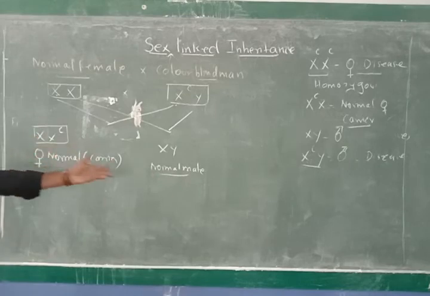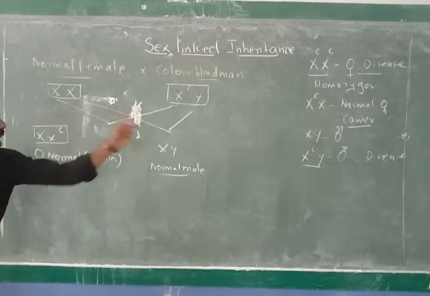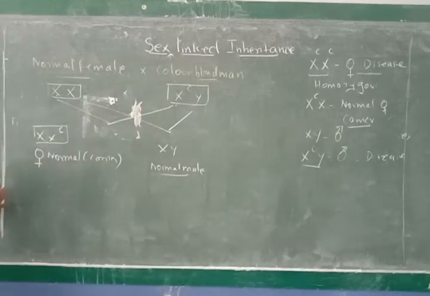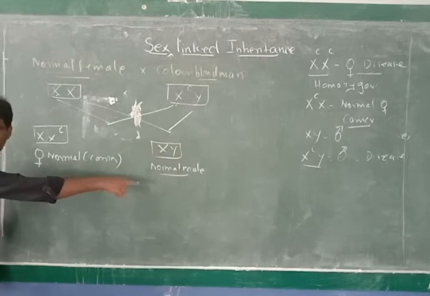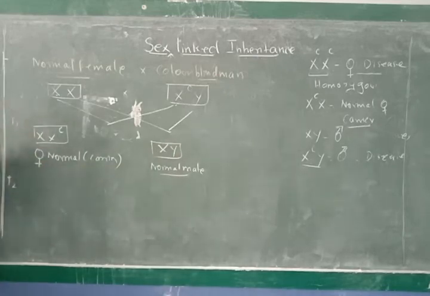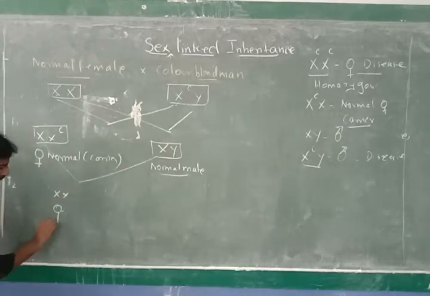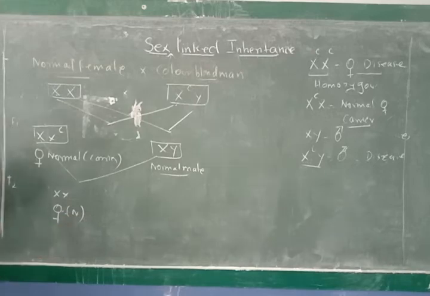Why? No disease. But in that family, if they have a female, she is normal only, but still she is a carrier. Why? If this particular girl marries any normal man, what happens? This is an example. This female marries a normal man. This and this join together and give a female, but still normal.